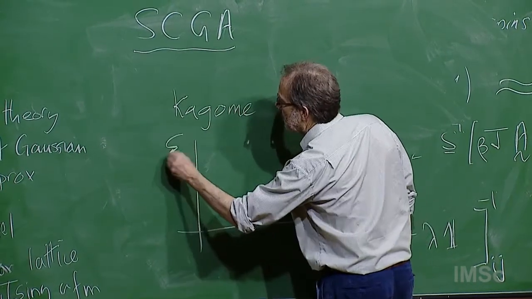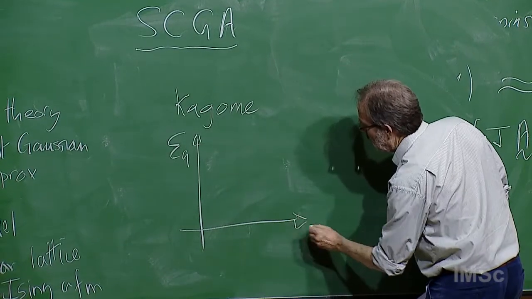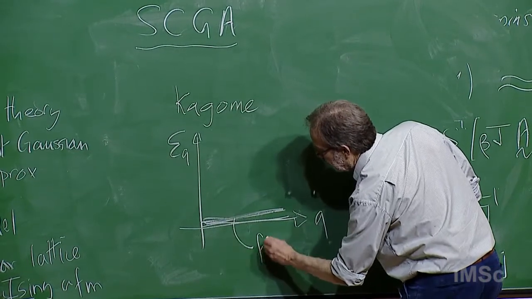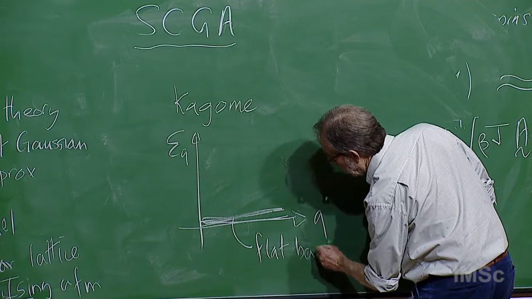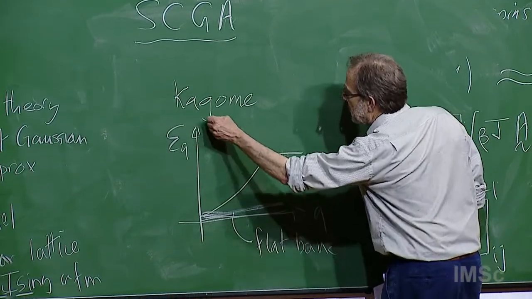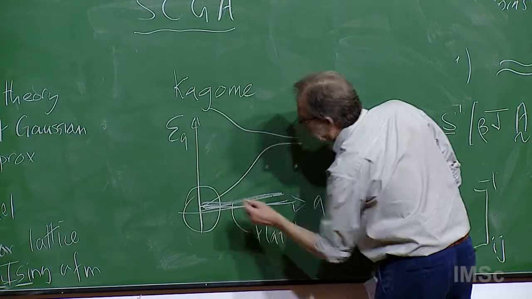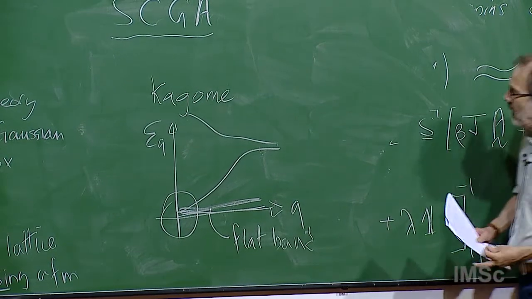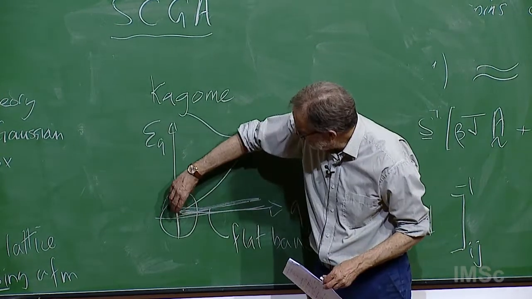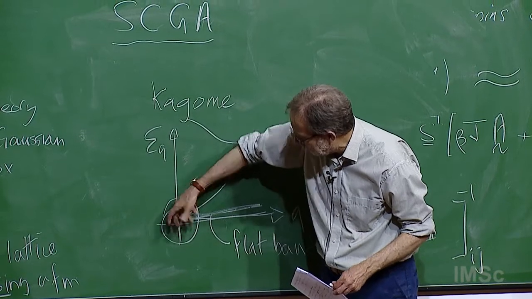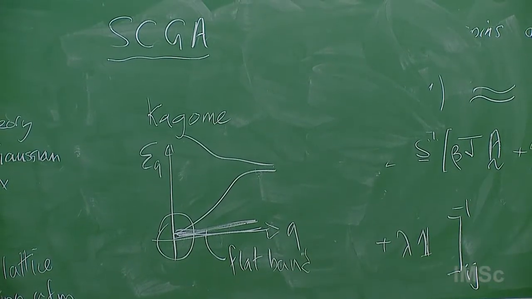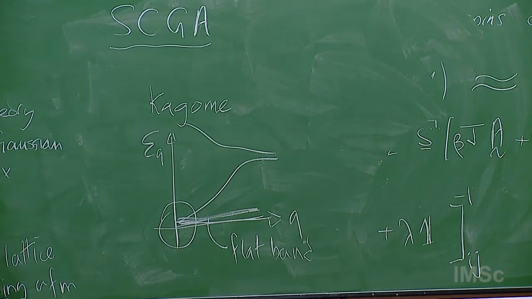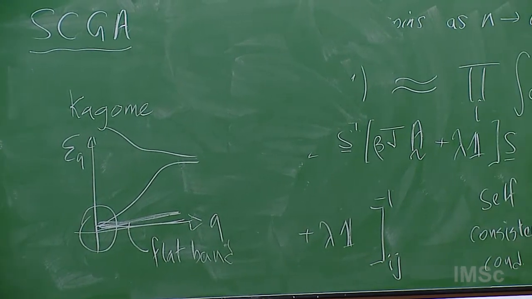So I had a picture which looked like this with a flat band and then some dispersive bands, and the dispersive bands become degenerate with the flat band at one point in Q space, and the eigenvectors have a singularity there, and it's that singularity which determines the long-range behavior of this projection operator, and it turns out to fall off as a power law.